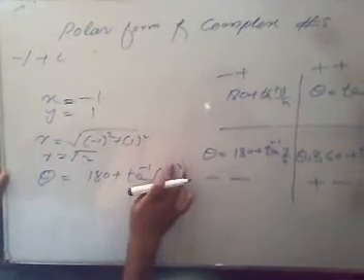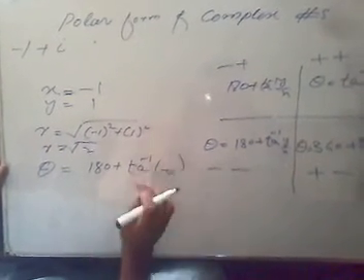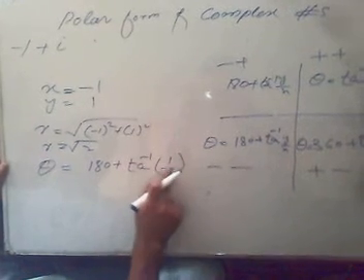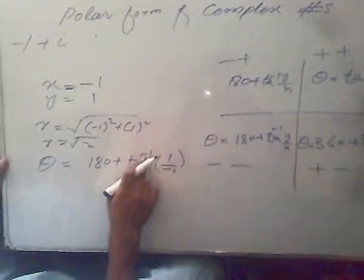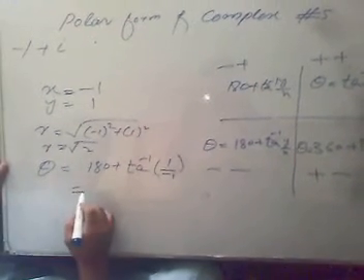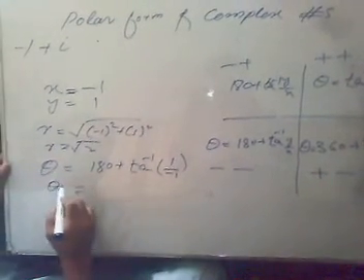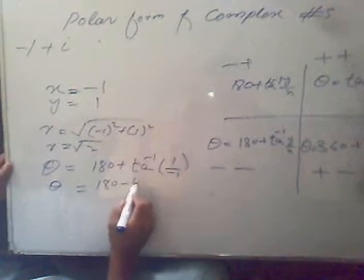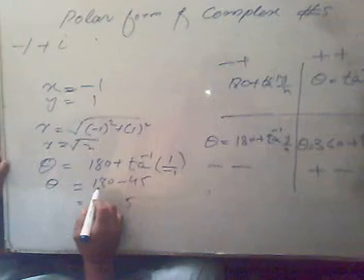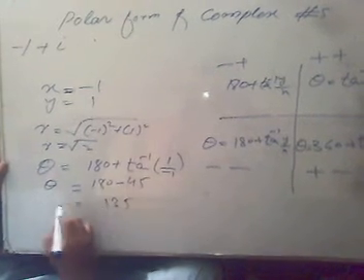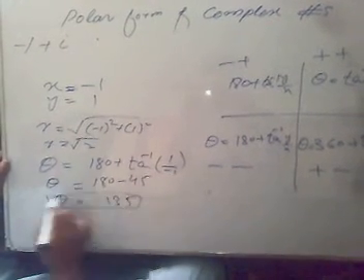Here y is 1 and x is minus 1, and if you use a calculator to find the value of tangent inverse of minus 1, that would be minus 45. So our answer will be 180 minus 45, which is 135. So theta would be 135.